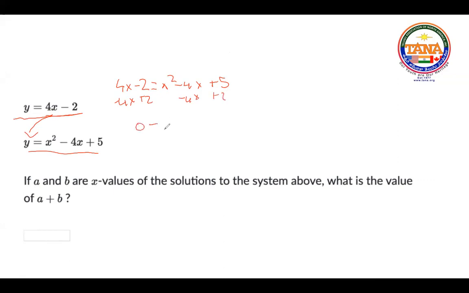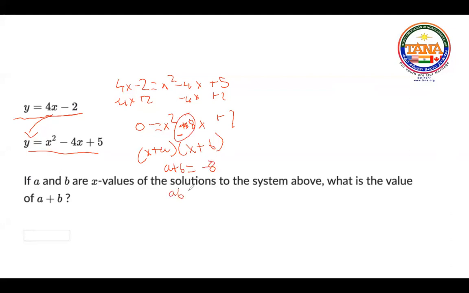You're given 0 equals x squared minus 8x plus 7. Again, the rule is x plus a times x plus b, and a plus b has to equal the middle term, which in this case is -8.